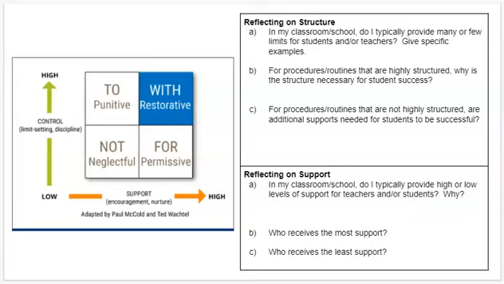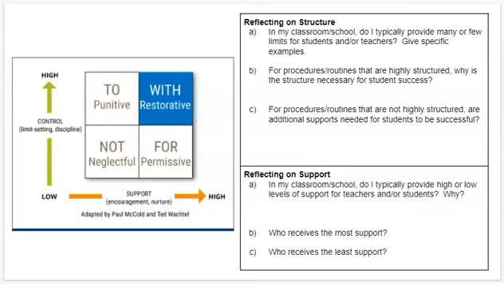And you want to be specific. You can write these down. You can copy this page. But just put it on pause and take a minute to put down a few of those things in your classroom.